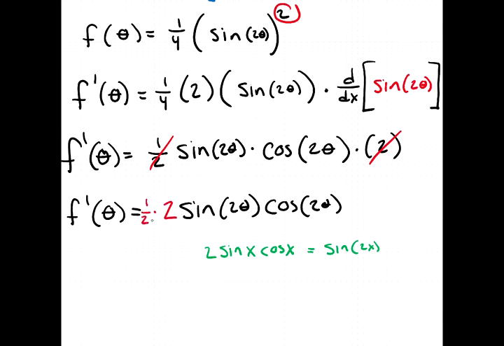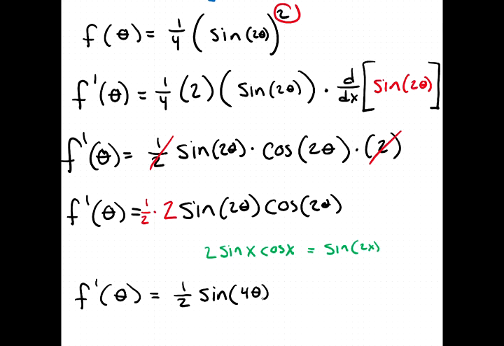So if we multiply by 1/2 and 2, the overall net change is nothing. So we can rewrite this as f prime of theta is equal to 1/2 times the sine of twice the angle. The angle was 2 theta, so we now have a 4 theta.